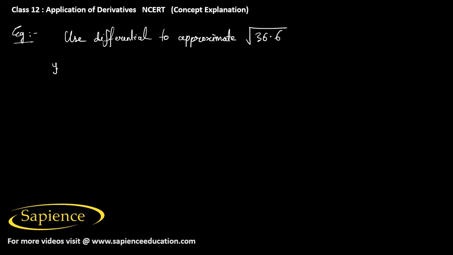So now we can take the function y equal to f of x as root x. So f of x equals root x. Now let x equal to 36, and delta x can be written as 0.6.